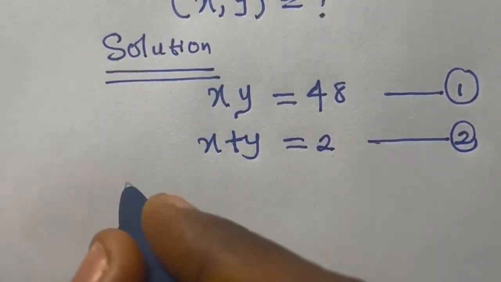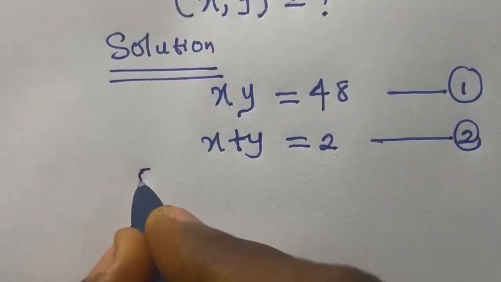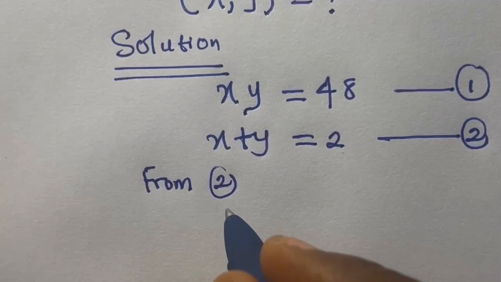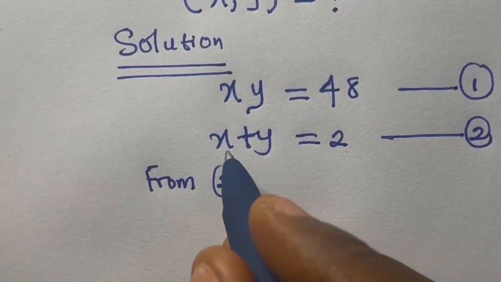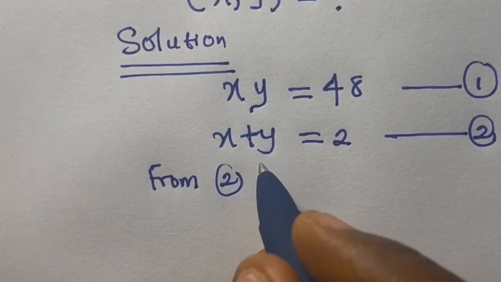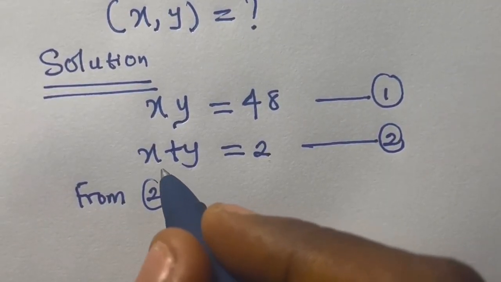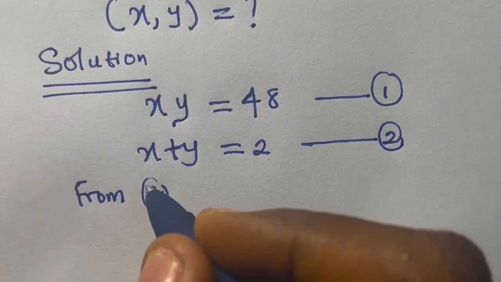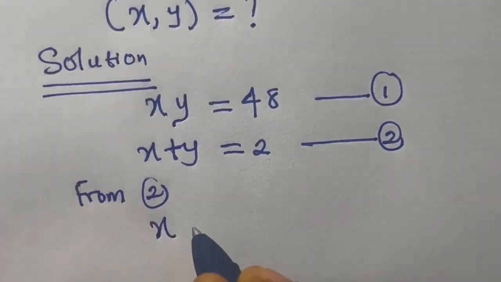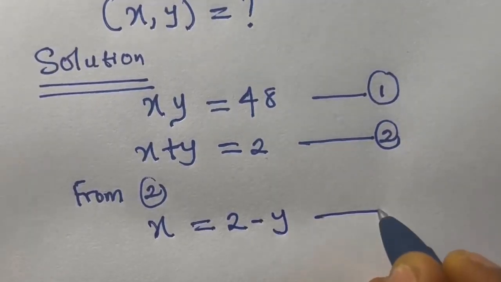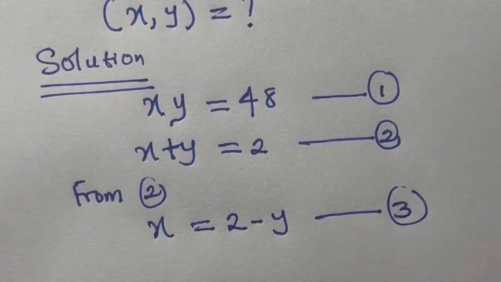So from equation 2, we can make x the subject of the formula so that we have x equals 2 minus y. So let's number this equation 3.